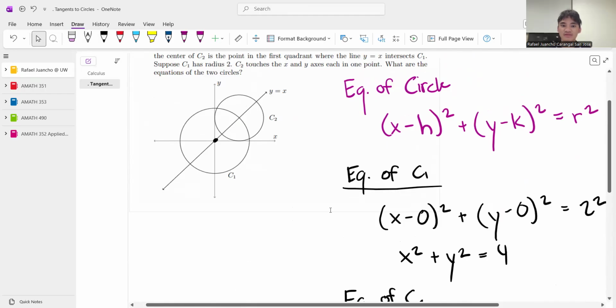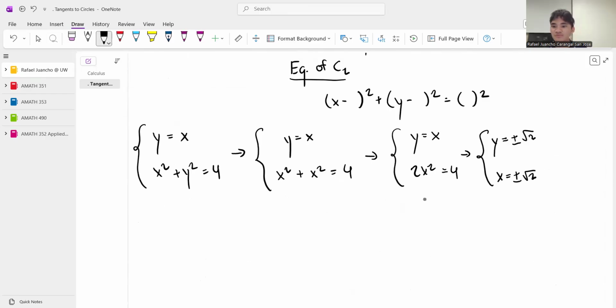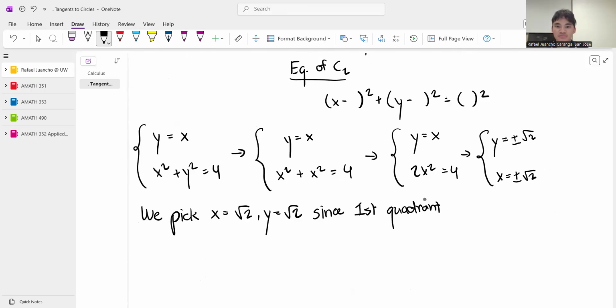So we pick x being square root 2, y also being square root 2, since we're in the first quadrant. And so we just fill in the blanks. We get square root 2, square root 2.